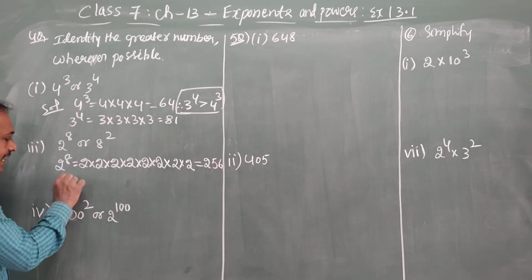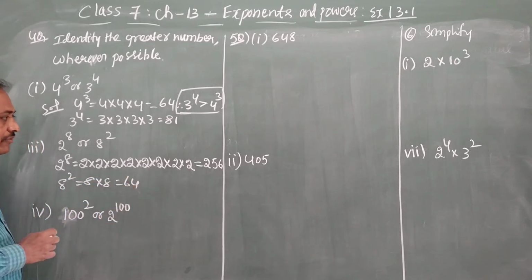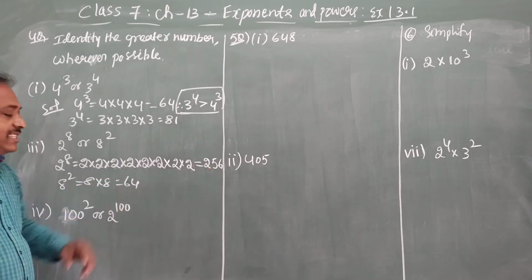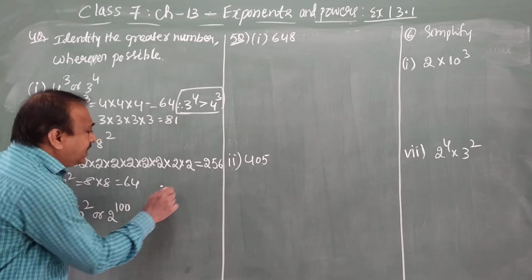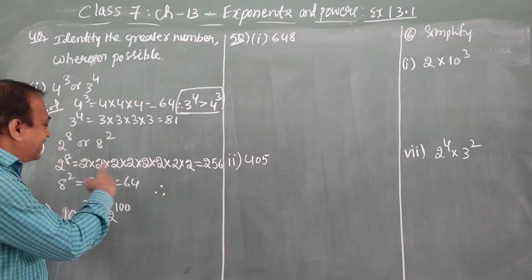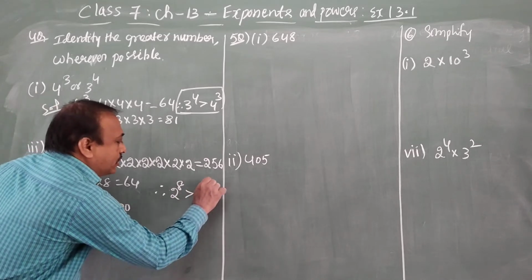Then 8 square, 8 into 8, is 64. Now we can observe which is greater: 256 is greater. So 2 to the power 8 is greater than 8 to the power 2.